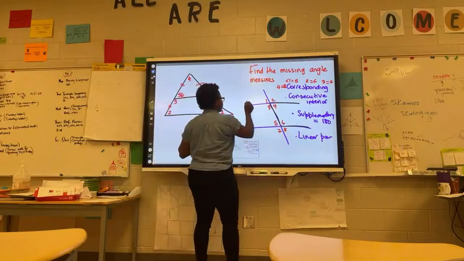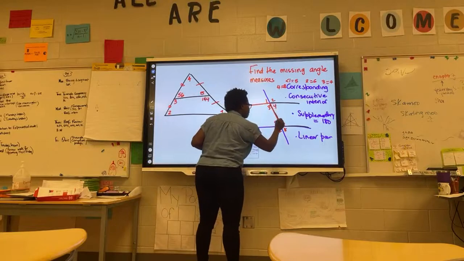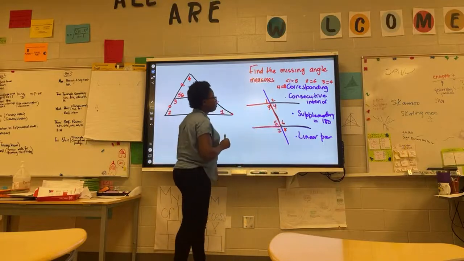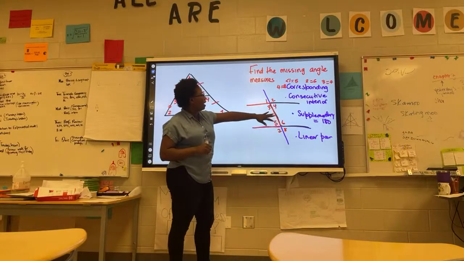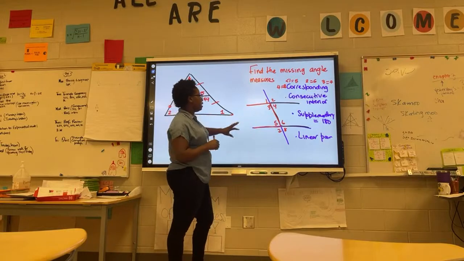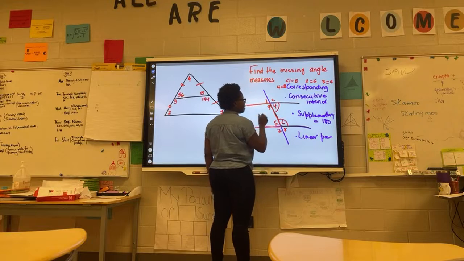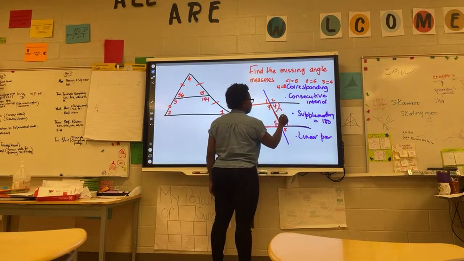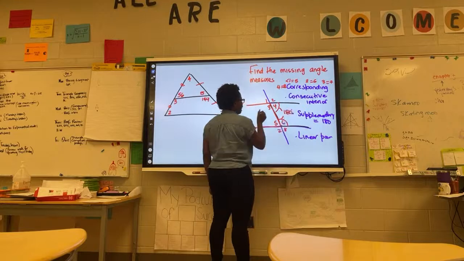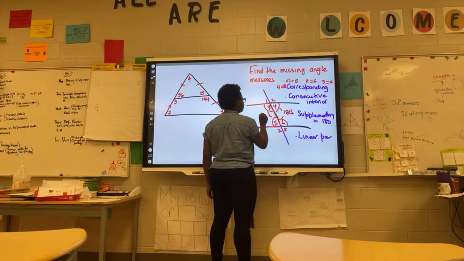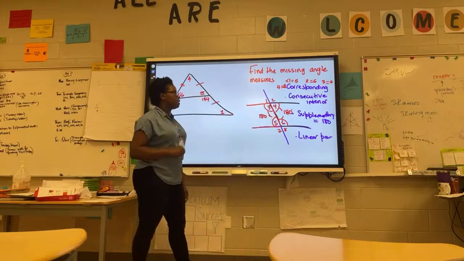It can be on both sides of your transversal. Right here, I drew a black C and a red C. These two angles, 4 and 6, their sum, if you add them, should give you 180. And the same thing for 3 and 5. If you add them, their sum should equal 180.